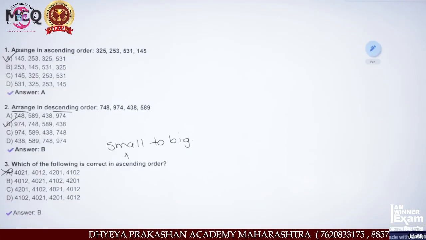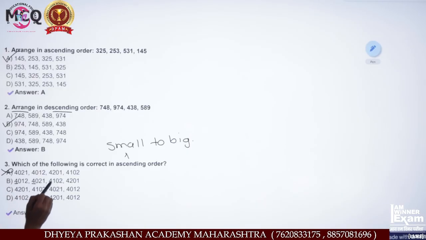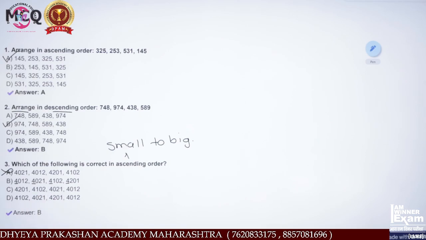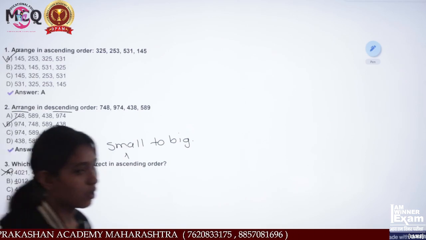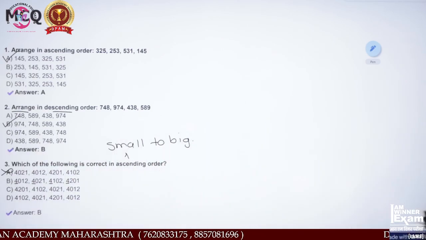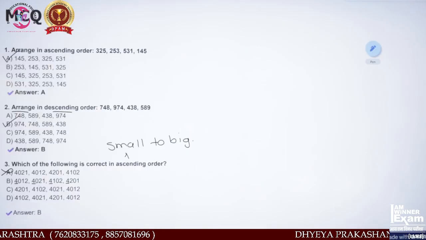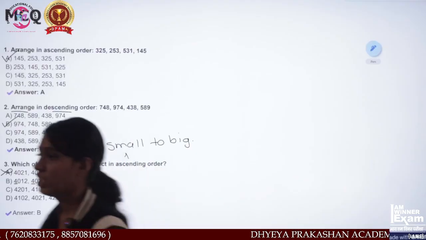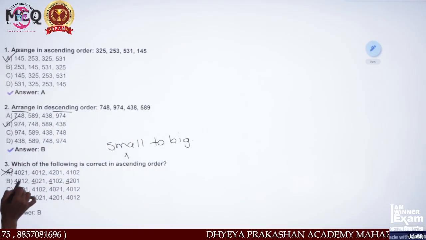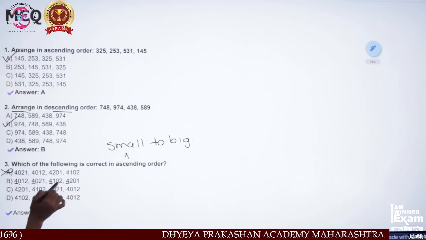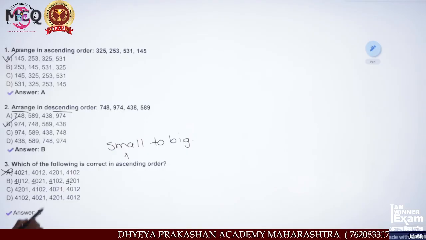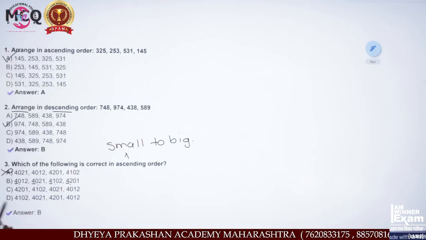Let's take option B, 4. Let's compare the first digit. All are the same. That means it is in the correct order. Then let's move on to the next digit of each number. Next, 0, 0, 1, 2. As you can see, 0, 0 comes correctly.